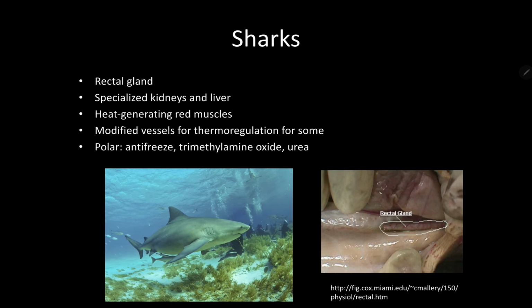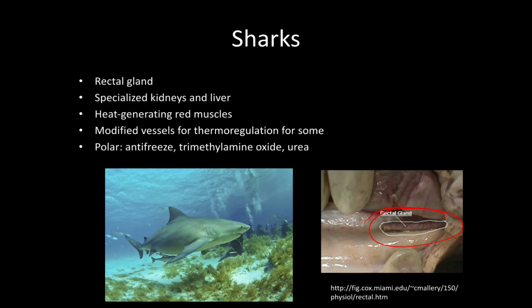Next, let's discuss some of the adaptations that sharks have. So sharks have a rectal gland, as you can see here. Okay, it's encircled here. So the rectal gland is a specialized gland found, surprise, surprise, close to the rectum. It's for removing salt from their bodies. Why do they need to remove salt? Well, sharks are constantly immersed in seawater, which means that they're constantly drinking it in.